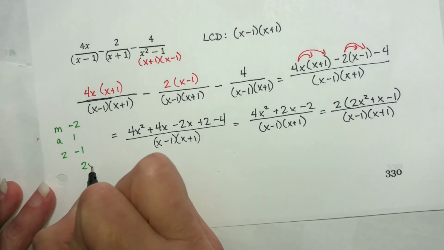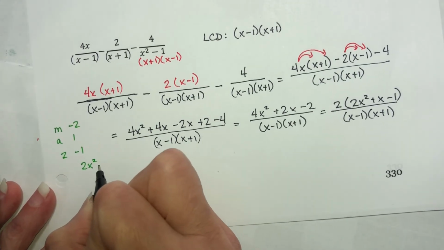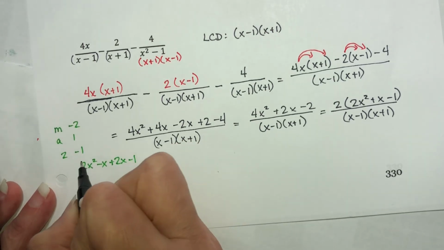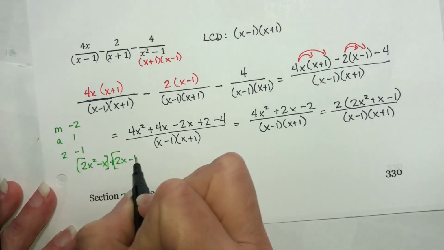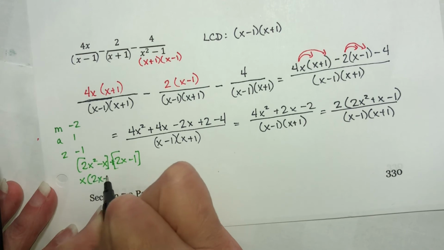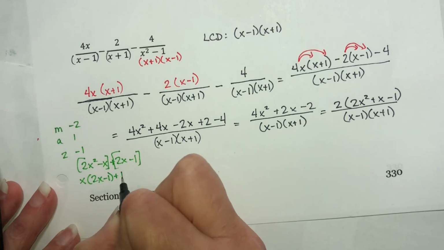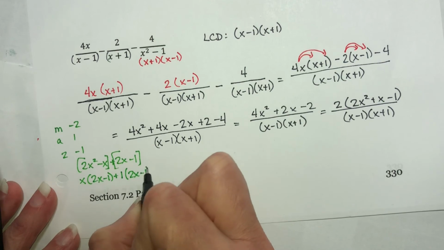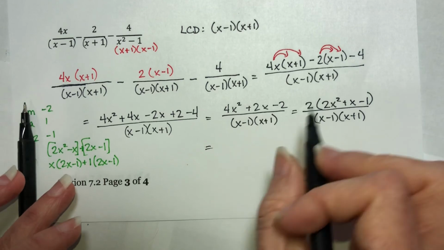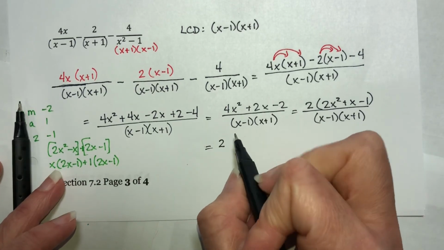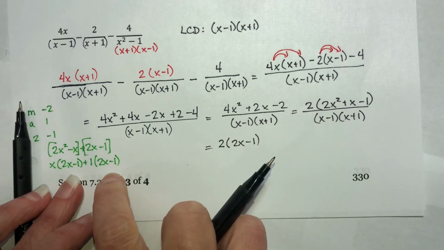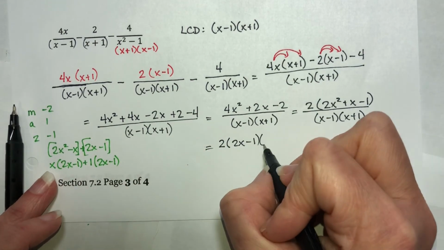So that gives me 2x squared minus x plus 2x minus 1. And then add your groupings. And you can factor out an x here, leaving 2x minus 1. And then here you can factor out a 1, leaving 2x minus 1. So that means that this factors from right here. I still have the 2 on the outside. And this will factor as 2x minus 1, writing that down once, times x plus 1.